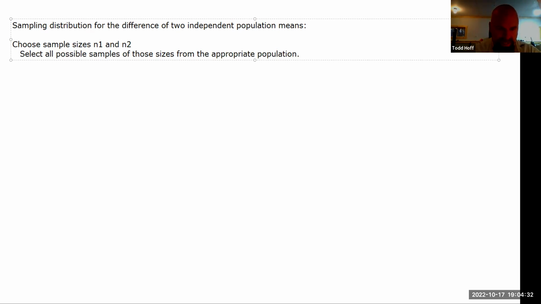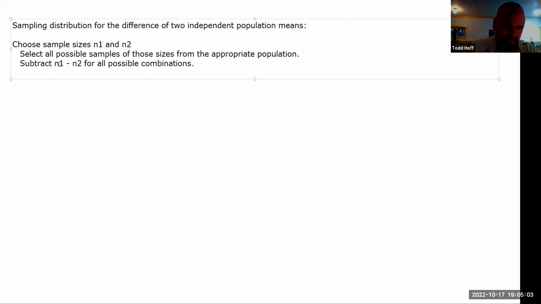So we select all possible samples of size N1 from population 1 and all possible samples of size N2 from population 2. And then we subtract for all possible combinations. So you can see there's a lot of possible samples of each size from each population, but then we have to take all possible combinations of those samples and find their differences.